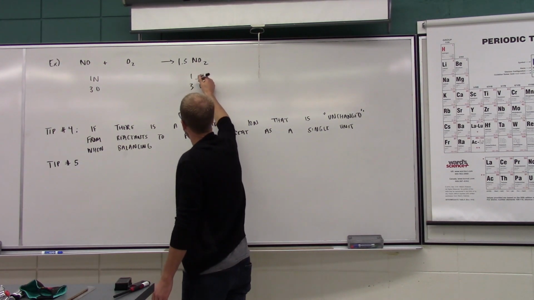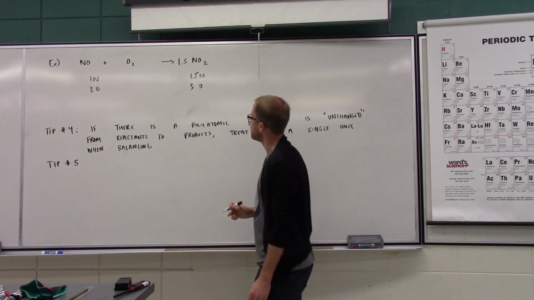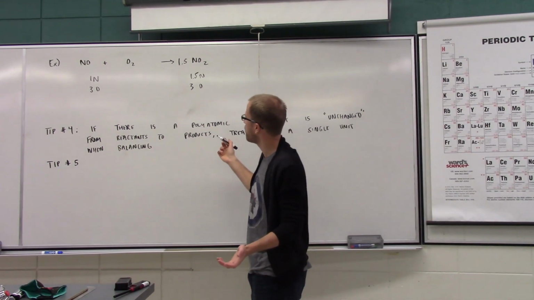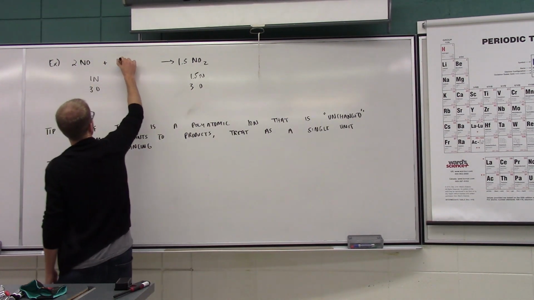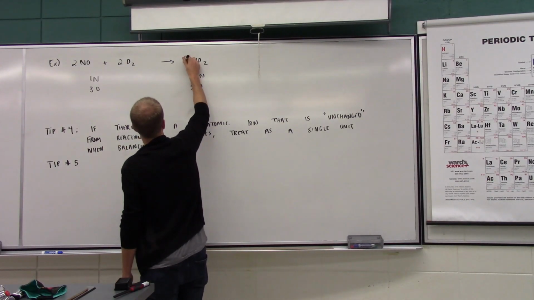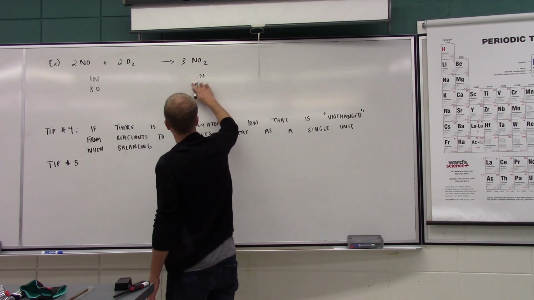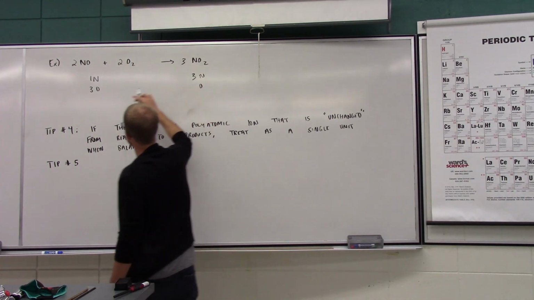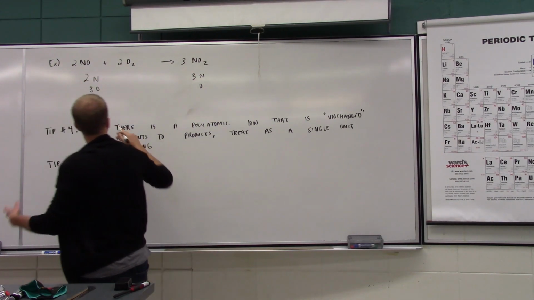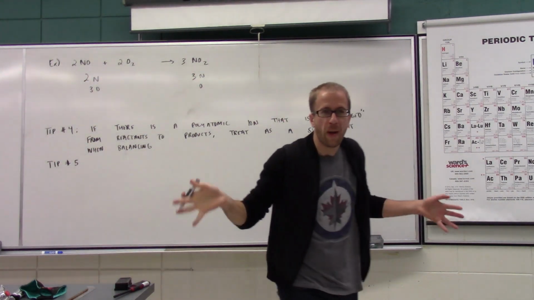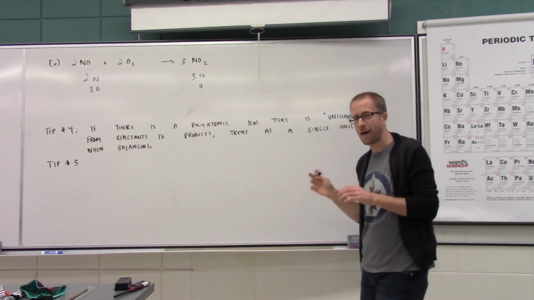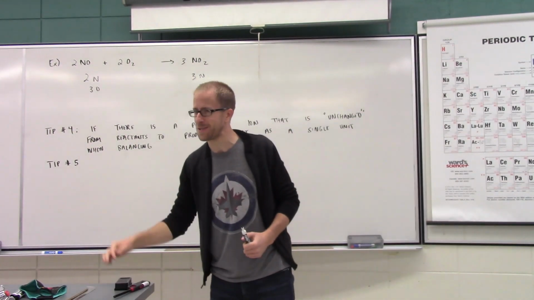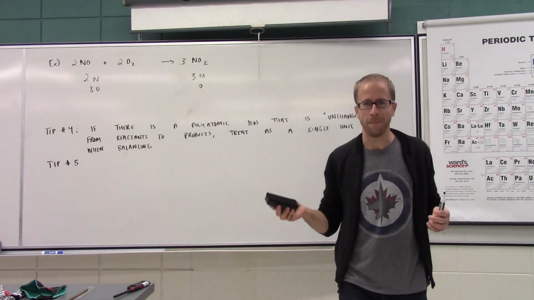But I got 1.5 nitrogens. I can't have a 0.5, so I need to multiply everything by 2. And then I get 2, 2, 3. Now I've got 3 nitrogens here and 2 nitrogens here, and students just keep going down this path in circles and circles, and their numbers keep getting bigger.